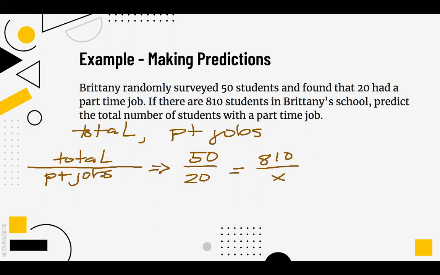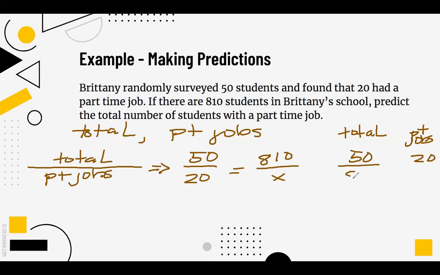We could also set it up vertically, where she looked at 50 people. That's really ugly. So she asked 50 people and 20 had part-time jobs, right?